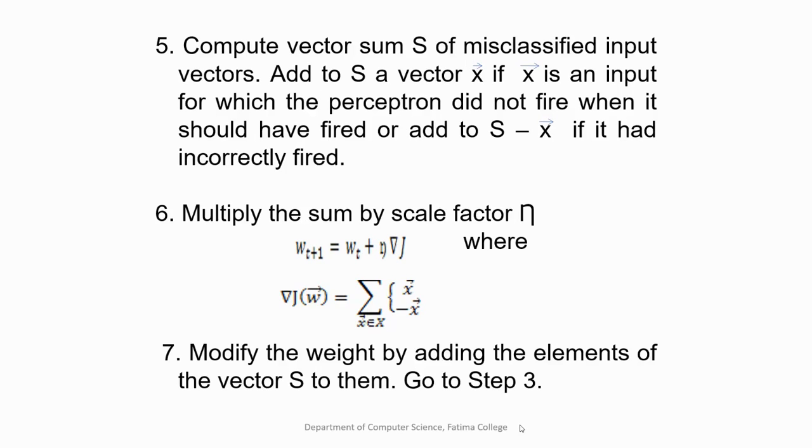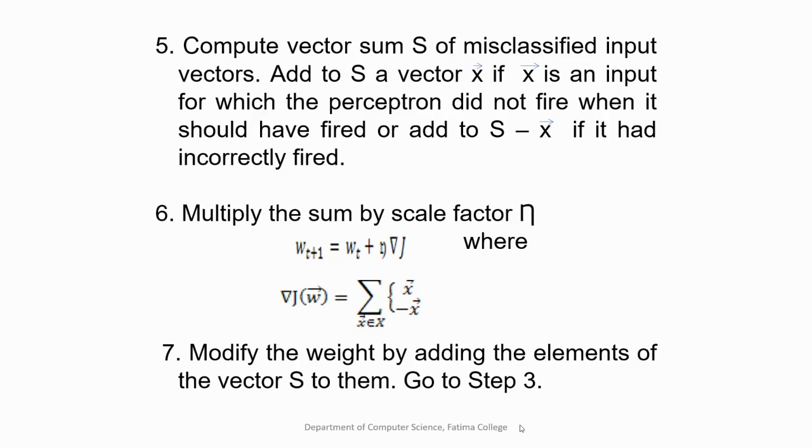In case there is a misclassification, then it is dealt with using a sum vector S. To that you add the x vector if the input is one for which the perceptron did not fire when it should have fired, or you subtract it from S if it had incorrectly fired.